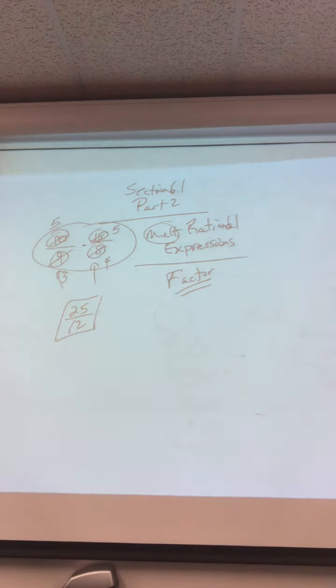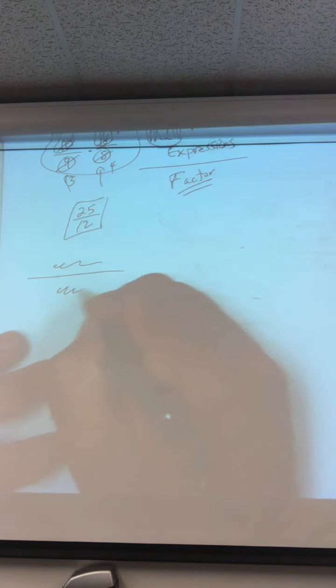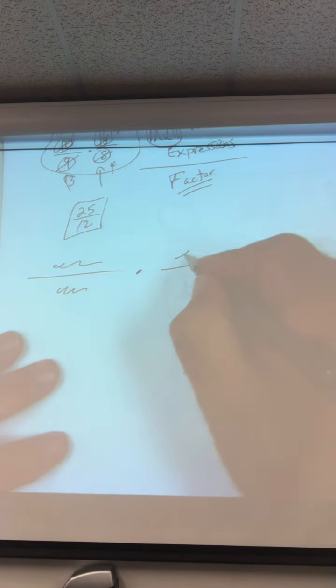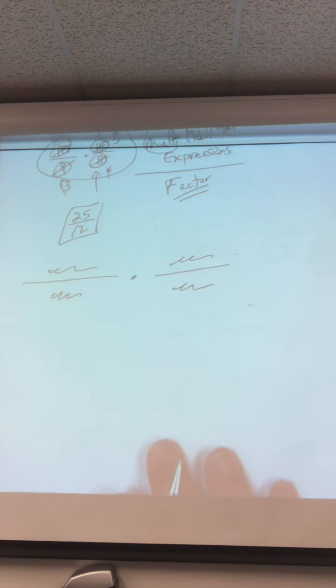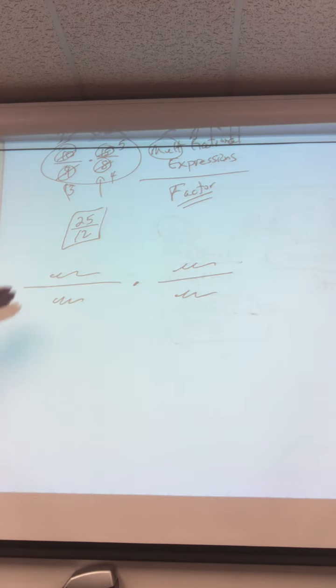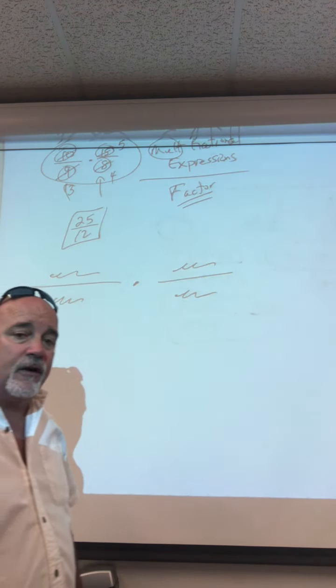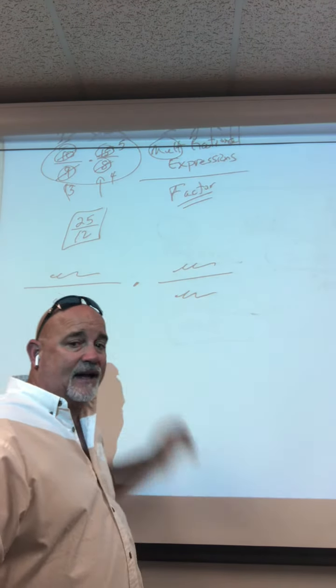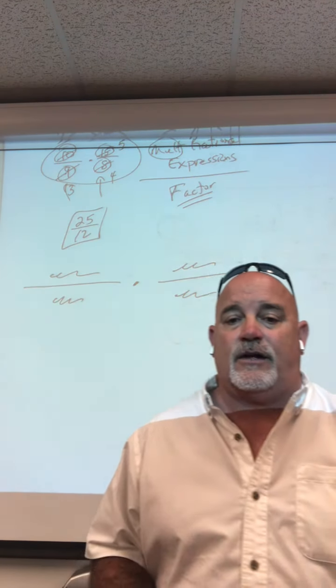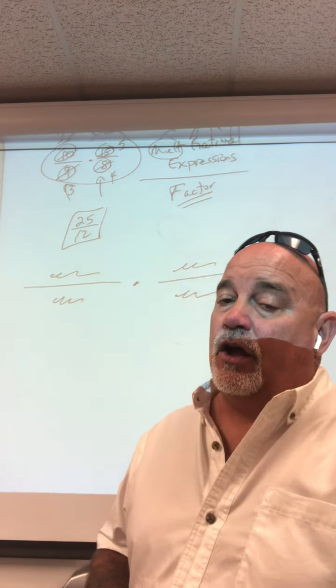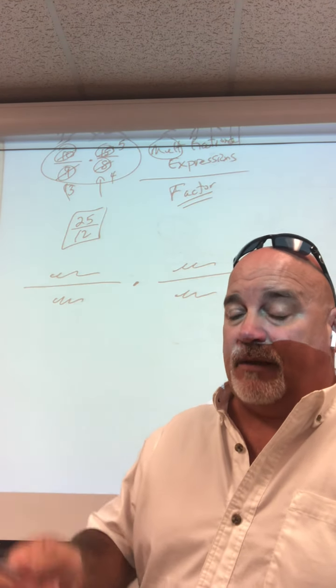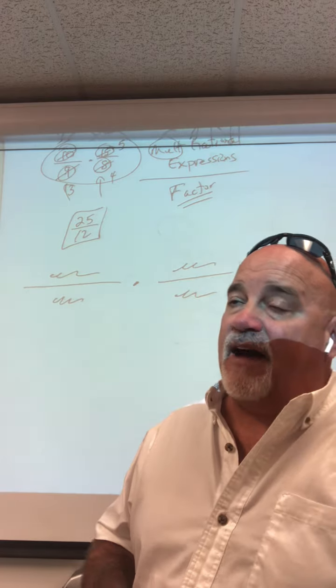Now, what we're about to look at in just a minute is a problem where you have one polynomial times another polynomial. That's what the problem's going to look like. But it's going to have some x stuff up here and here and here and here. And so what we're going to do first is cancel the common factors. Well, how can you cancel the common factors unless you know what the factors are to begin with? Well, how do we find the factors?